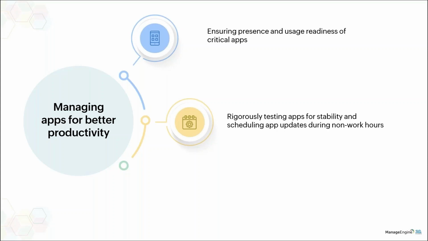So you can rigorously test a new version A of your VPN application on a select group of devices to figure out any problems, and then deploy another version B that will check if the problems are addressed. Once you validate this new version B, you can scale the distribution by scheduling the app update to take place during a non-work hour window. And this avoids any disruption to your employees, be it from faulty apps or from any untimely deployment.